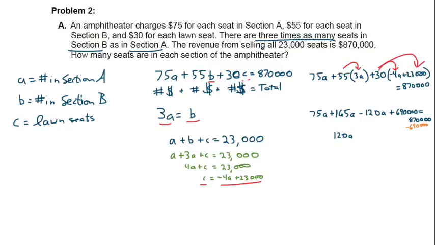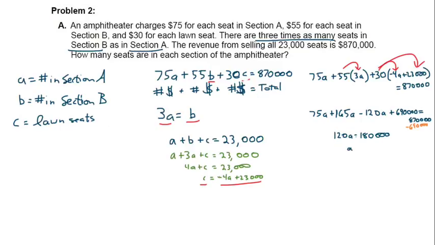So 870 minus 690. That's 180,000. Divide by 120. 180,000 divided by 120 is 1,500.